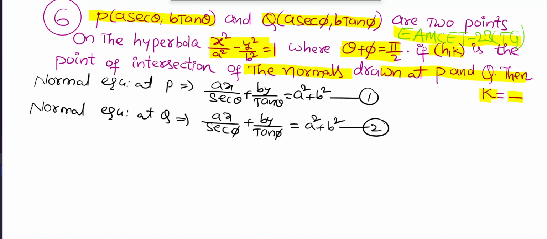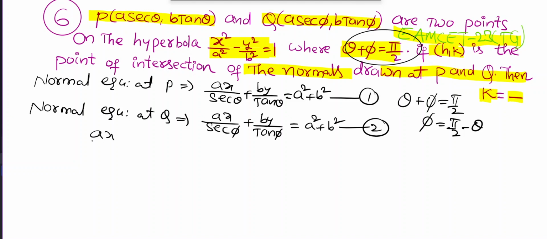Here it is given theta plus phi is equal to pi by 2. Substituting the phi value in this equation, theta plus phi is equal to pi by 2, from this phi is equal to pi by 2 minus theta. Substituting in this equation, ax by sec of pi by 2 minus theta plus by by tan of pi by 2 minus theta is equal to a square plus b square.